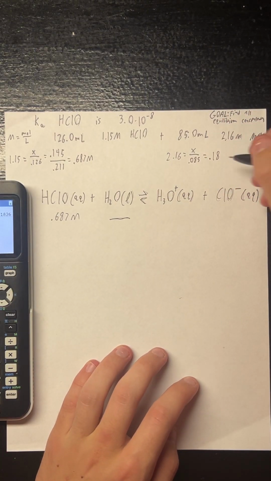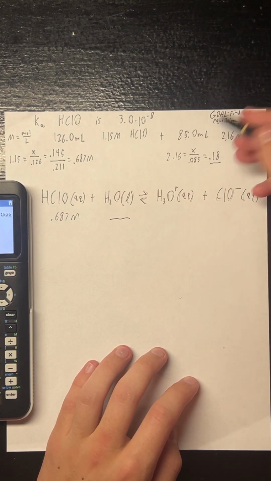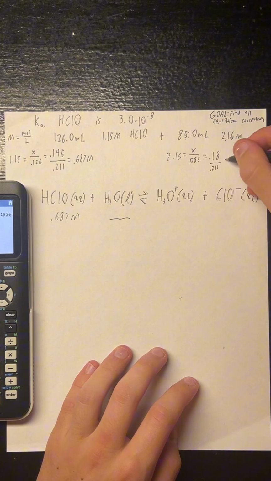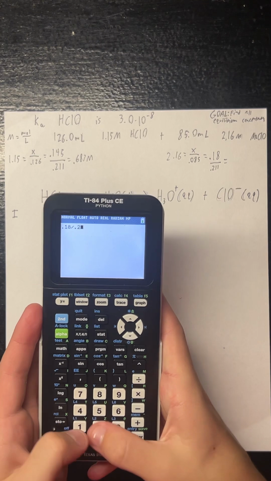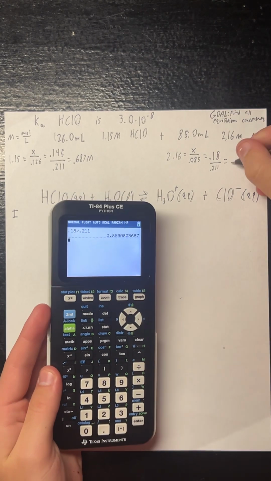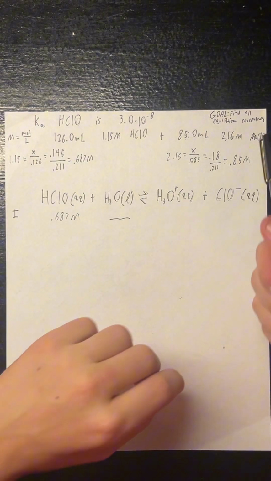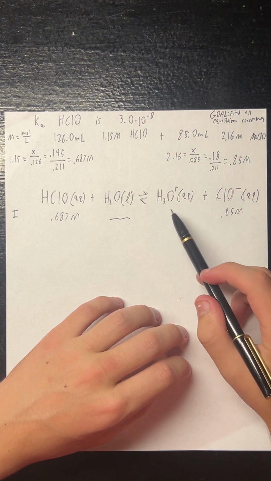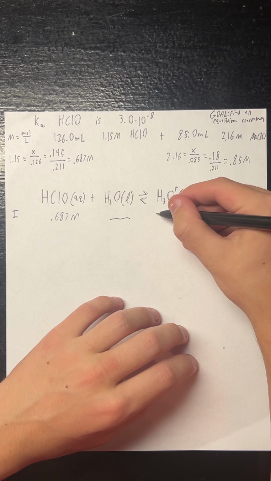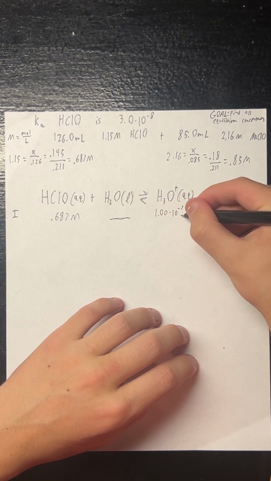That is over the same 0.211 liters, since we're adding the milliliters. 0.18 divided by 0.211 equals 0.85 molar, so for ClO minus our initial molarity is 0.85 molar. And H3O plus is always given, which is 1.00 times 10 to the negative 7 molar.